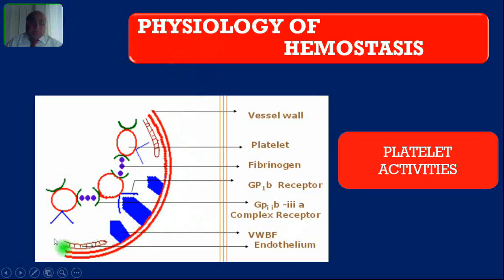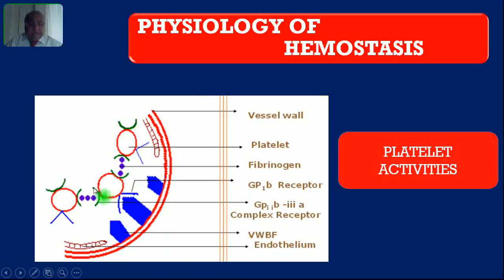So here you are seeing a cut section of the blood vessel. This is the endothelium, where the endothelium is denuded in this area. The platelet will come and get adhered to this denuded endothelial surface by the von Willebrand factor, shown in blue. It will adhere through the GP1B receptor, and this is the adhesion.